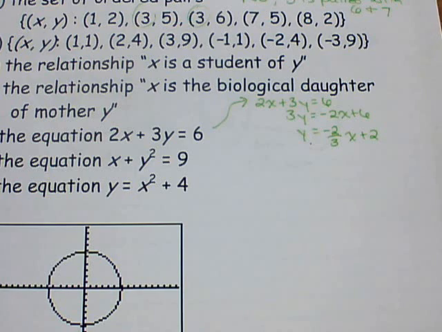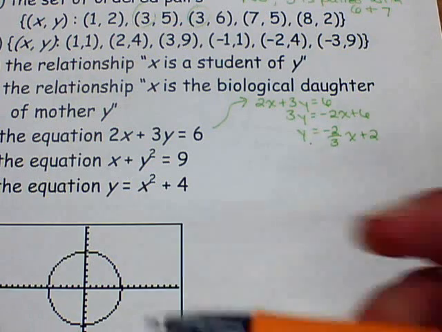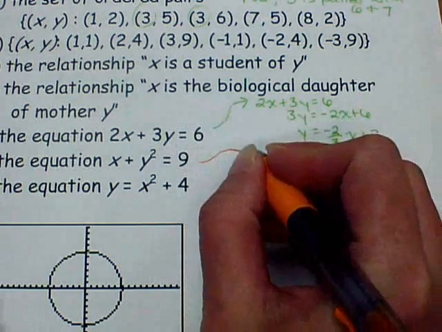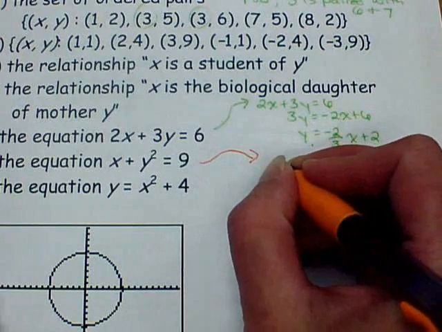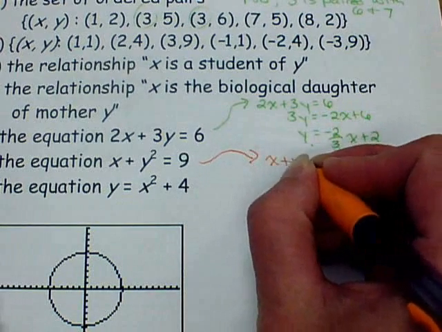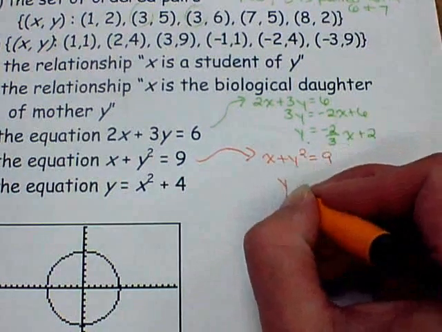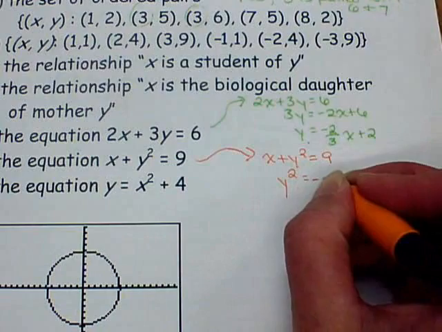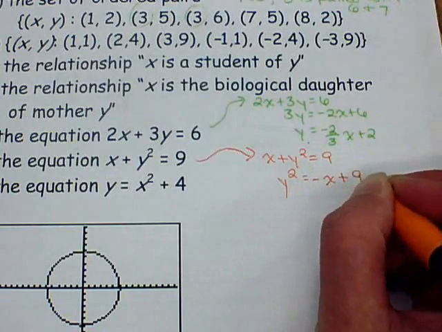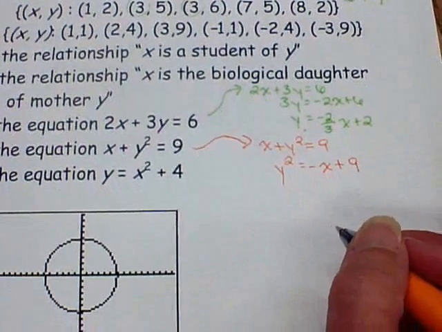Now let's look at the next one. X plus Y squared equals 9. You can either think through it like I did on the other problem, where you just test some X values, or let's see what happens when we actually do solve for Y. We start with X plus Y squared equals 9.